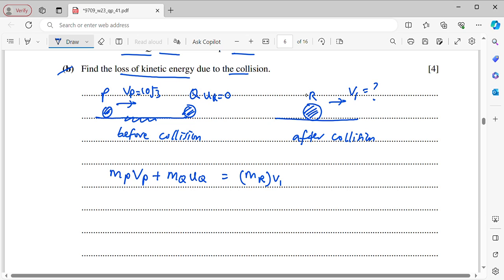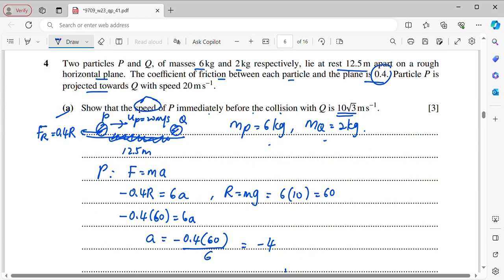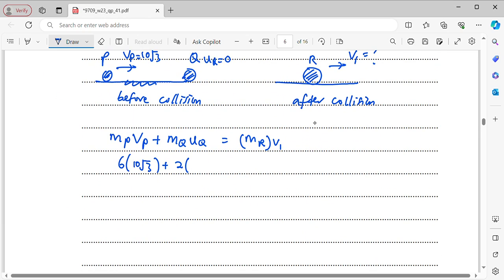Okay, so your MP is 6, VP is 10 square root 3. Then MQ is 2, because if you remember, MQ is 2 and it is not moving, so UQ is 0. The MR is the total, 6 plus 2, times V1.